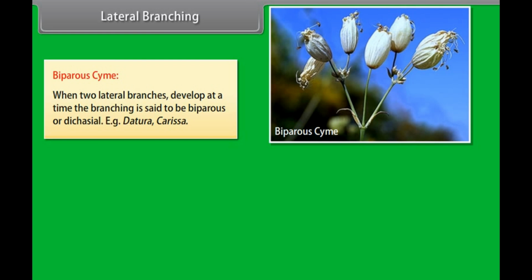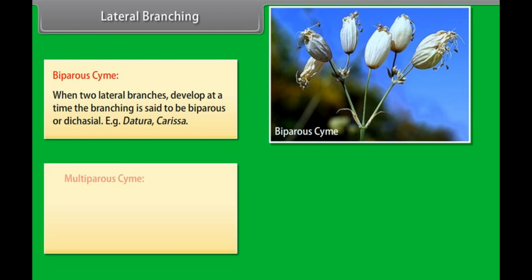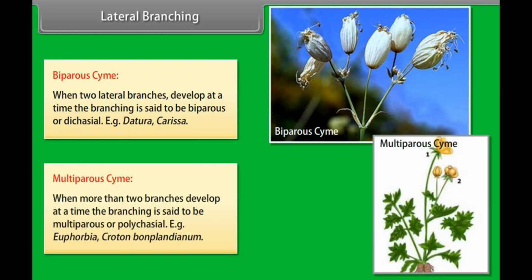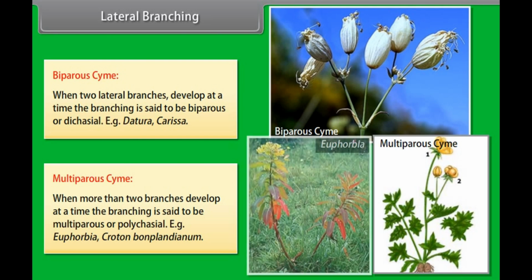When two lateral branches develop at a time, the branching is said to be biparous or dichasial. Example, Datura, Carissa. Multiparous-chyme. When more than two branches develop at a time, the branching is said to be multiparous or polychasial. Example, Euphorbia, Croton bonplandianum.